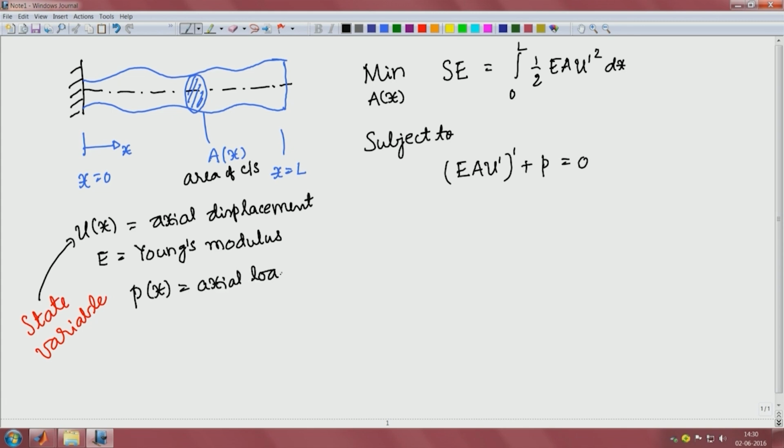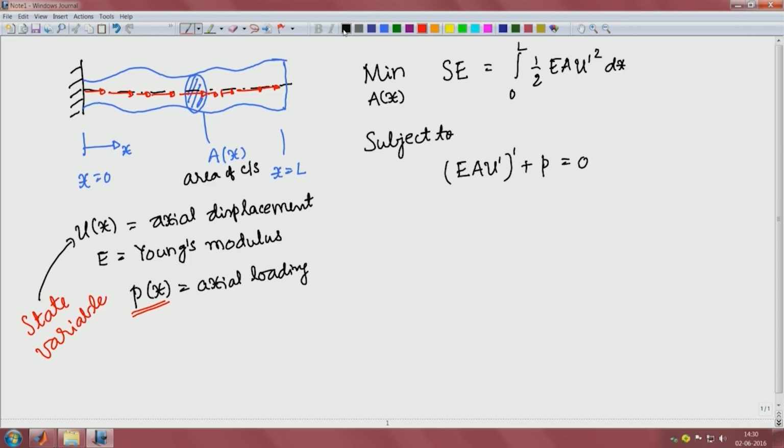So, at every point there will be some loading, more or less depending on what p of x function that we give, there is axial loading, that is p of x.